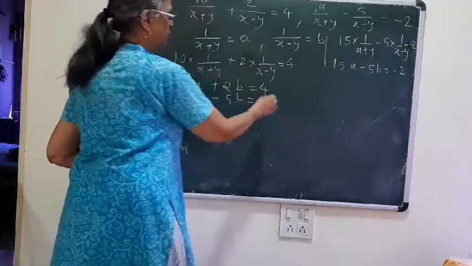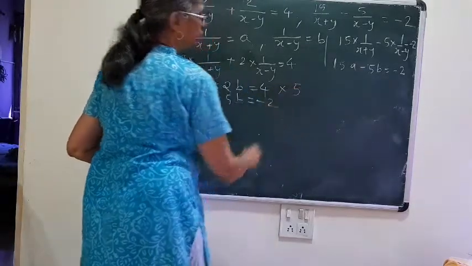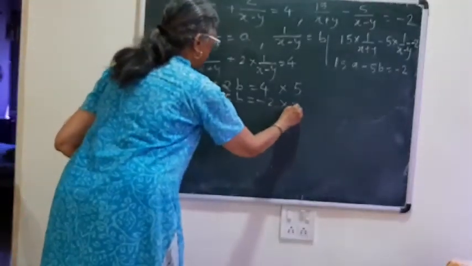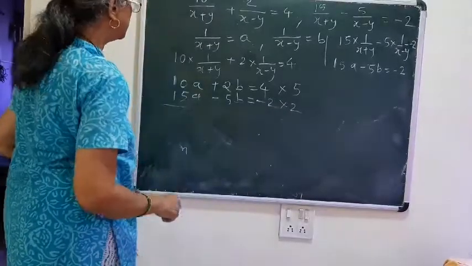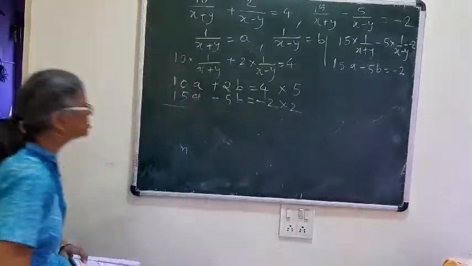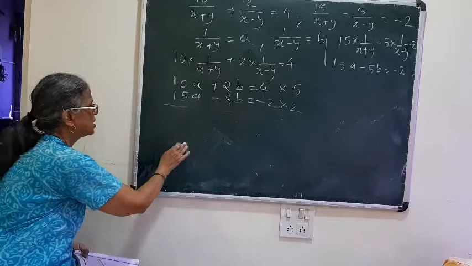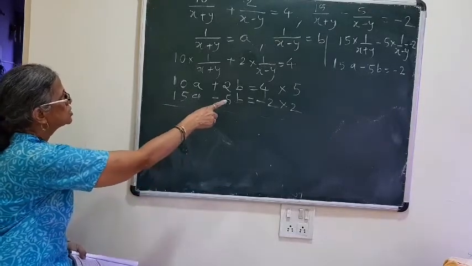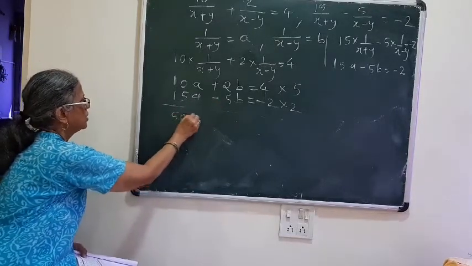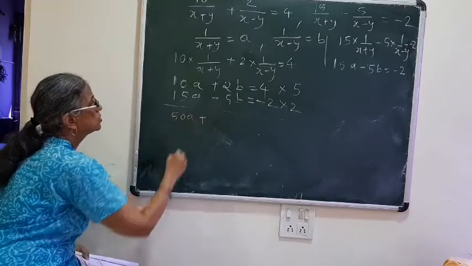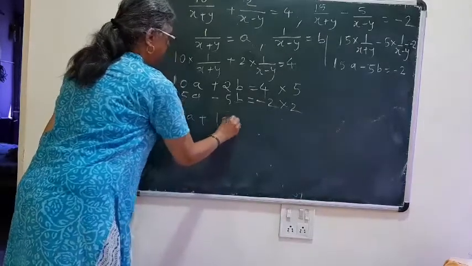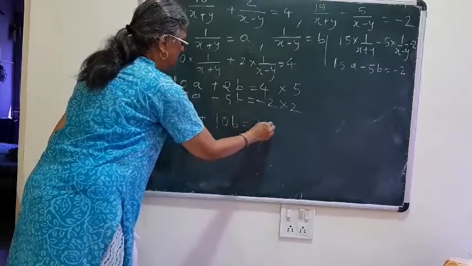So I will multiply the first equation by 5, and the second equation by 2, so that I will have 10b, and here the signs are already opposite, so I can have cancellation with the adding operation. So 10 5s are 50a plus 10b is equal to 4 5s are 20.